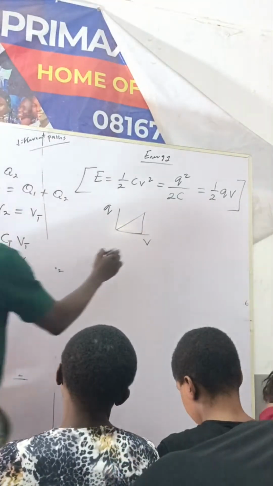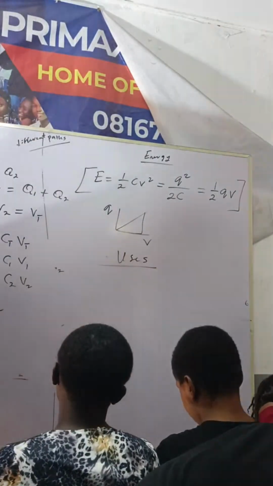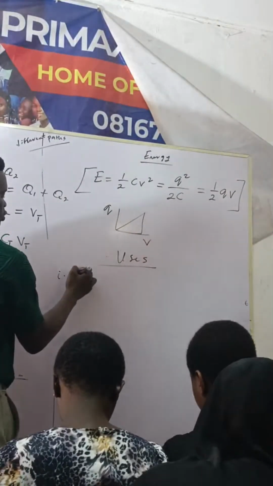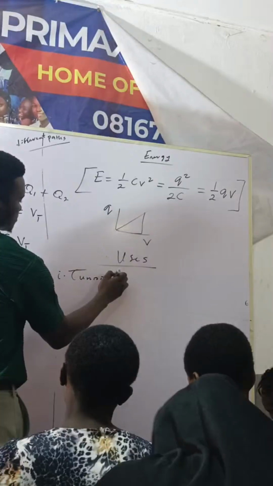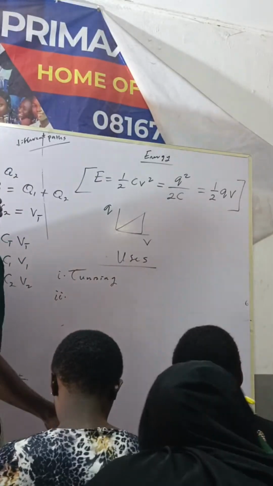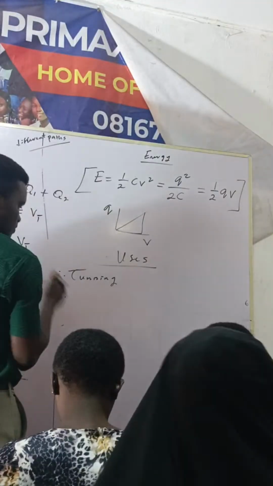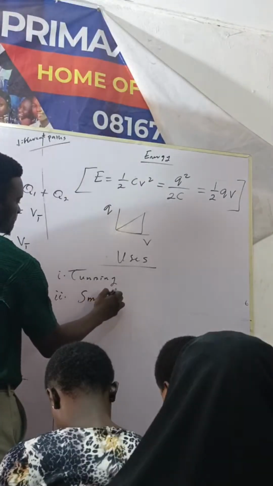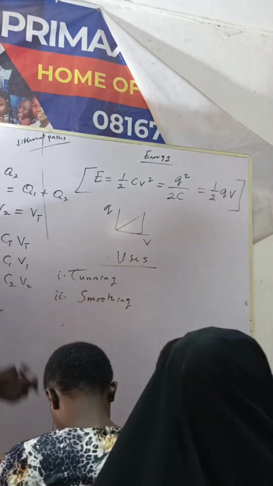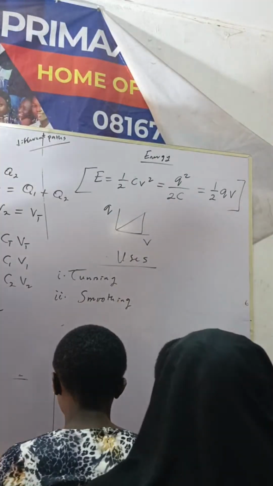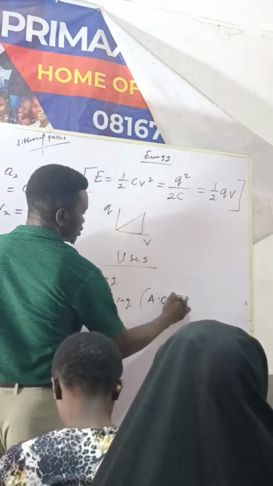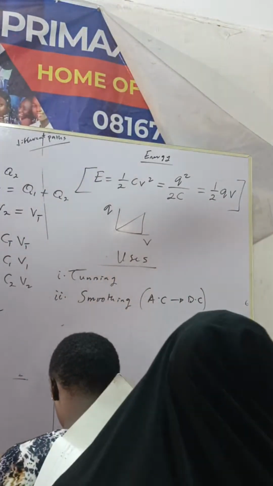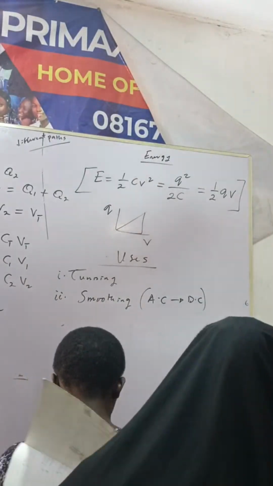So what are the uses of a capacitor? Those are the things you need to know. I said it at the beginning of the class. A capacitor is used in tuning, to store charges, and it can be used in smoothing. Smoothing is just like converting your AC to DC. Which other way, if you can still remember?